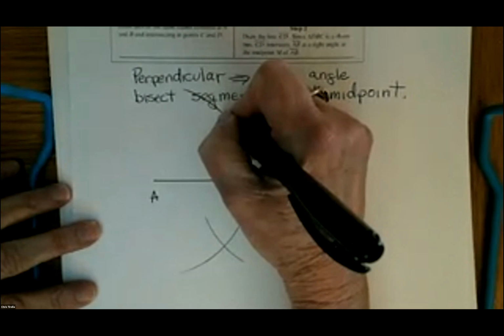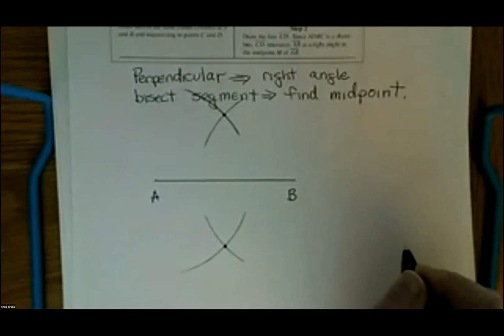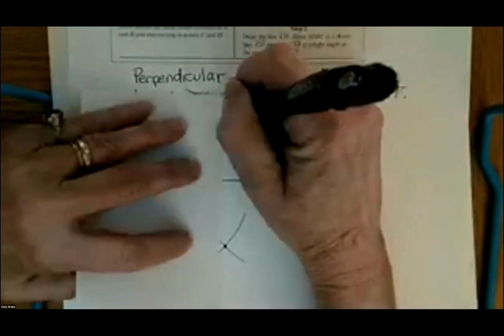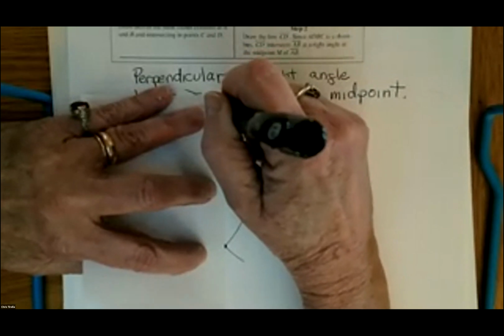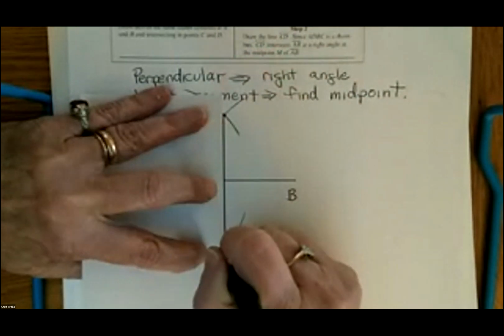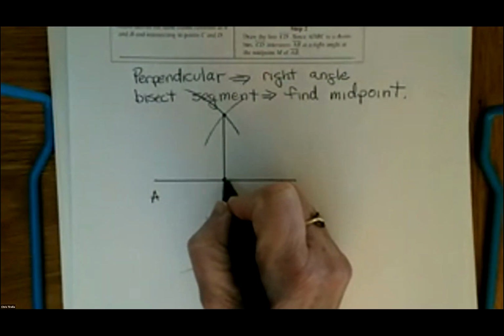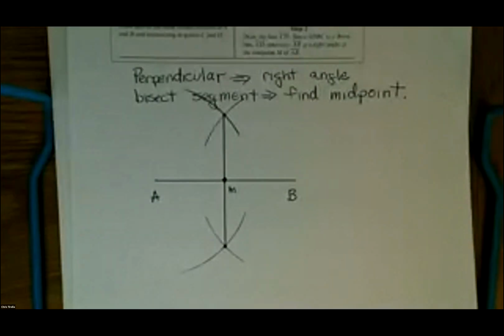So we have two points, one above and one below. And so if I go through and connect them, this point here, M, should be the middle of my segment.